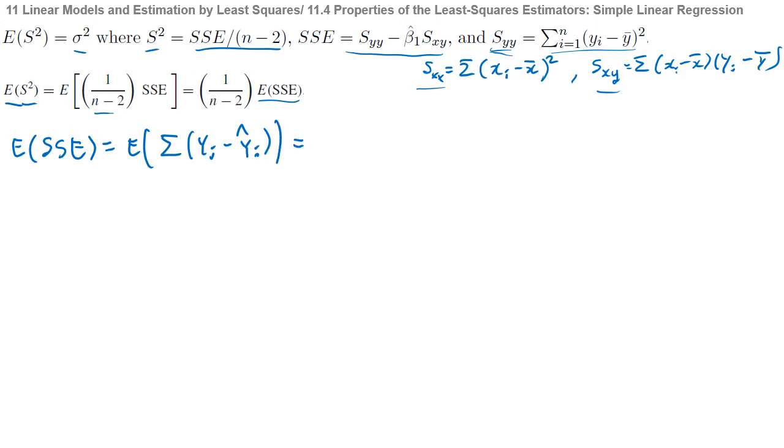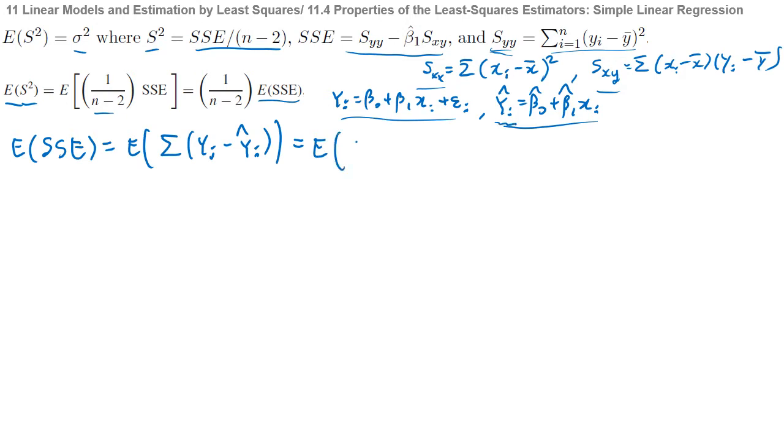Since yi is beta 0 plus beta 1 xi plus epsilon i, and yi hat is beta 0 hat plus beta 1 hat xi, this becomes the sum of yi minus beta 0 hat minus beta 1 hat xi, squared.